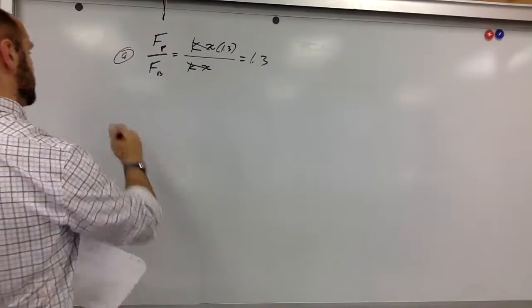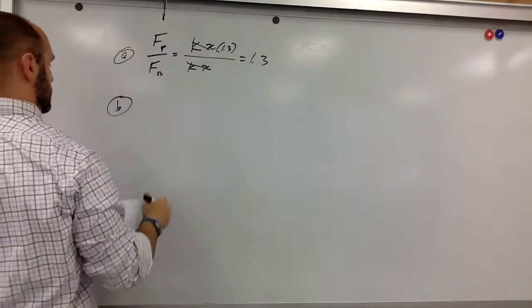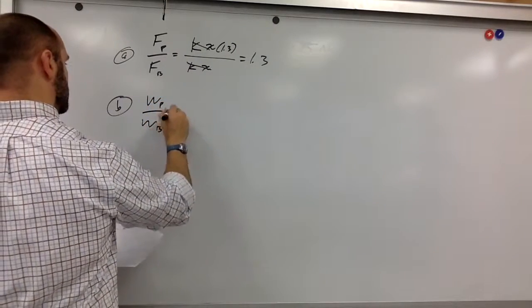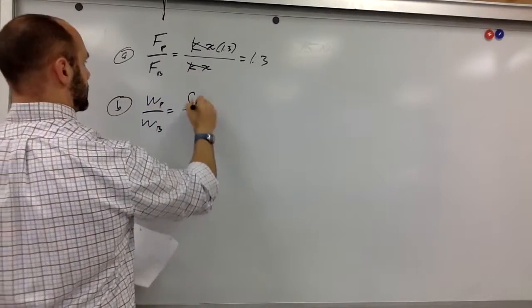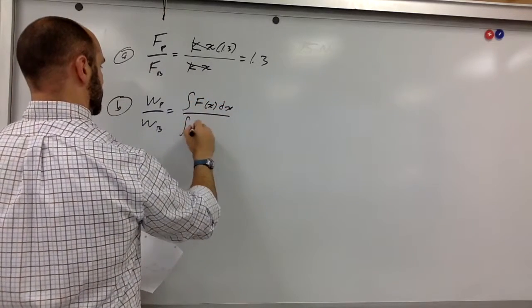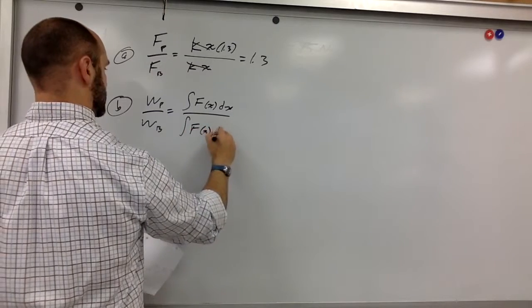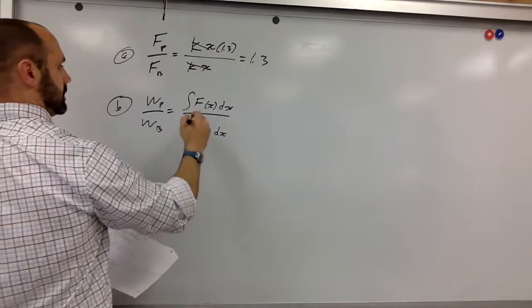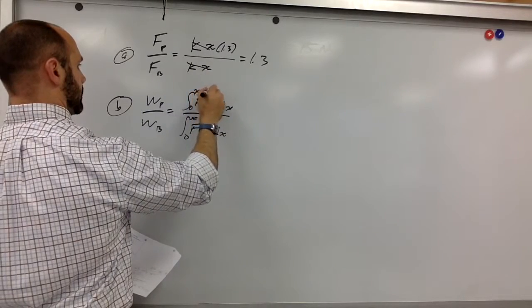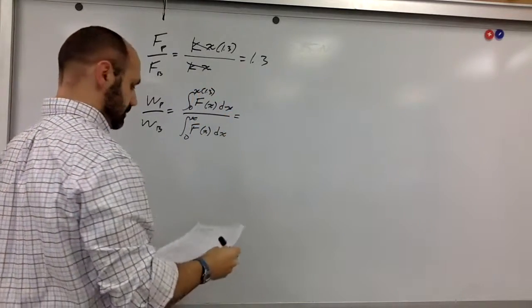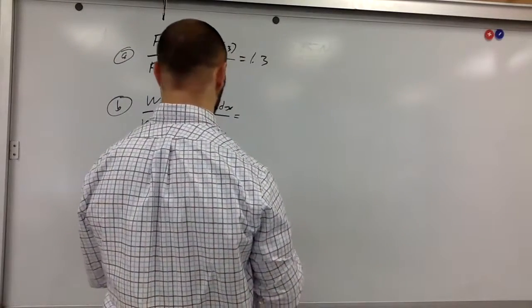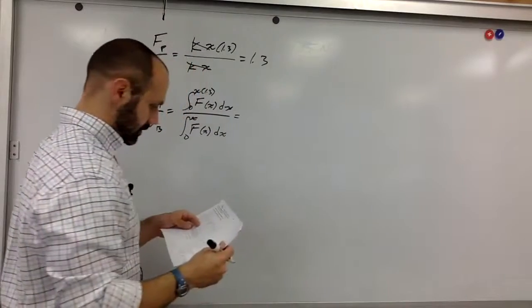But the work done is a little different now. The work done is the work of the physics student over the work of the bio student, an integral of Fx dx over Fx dx down here. This is from 0 to x times 1.3, and this is from 0 to x.